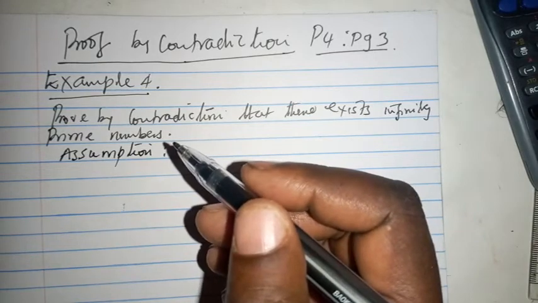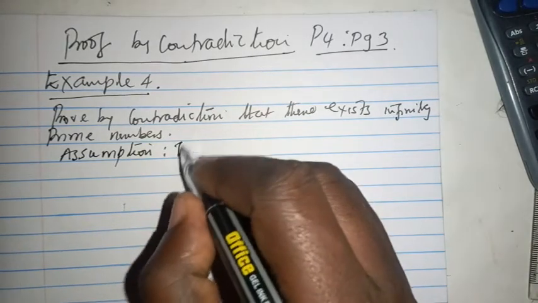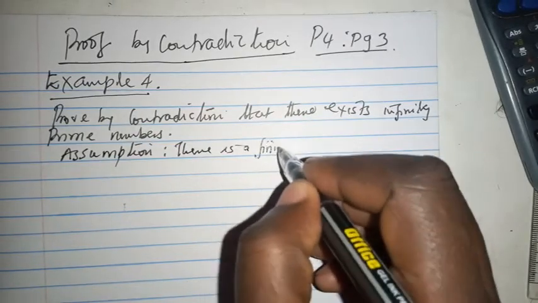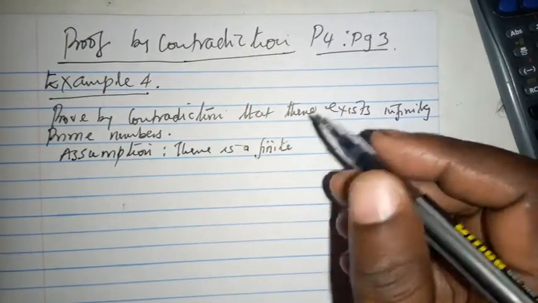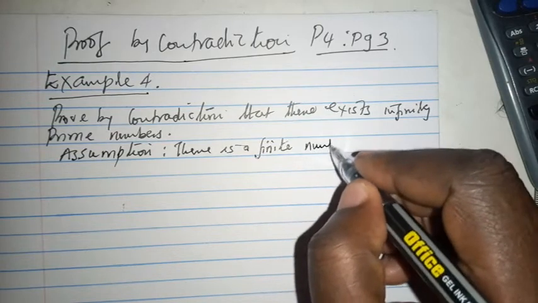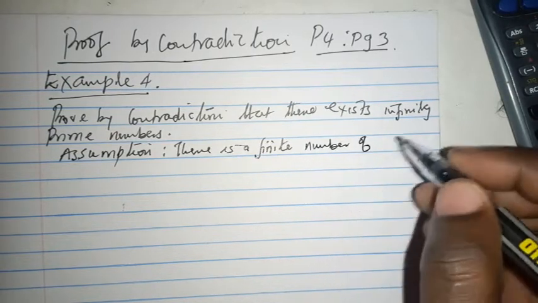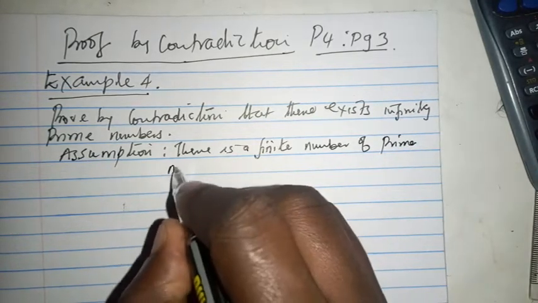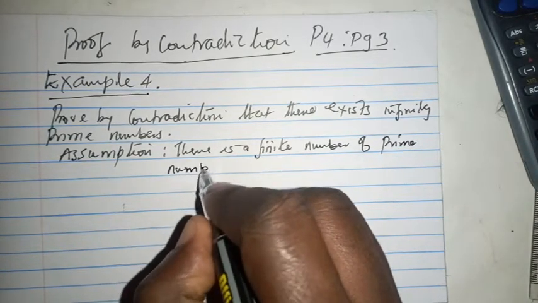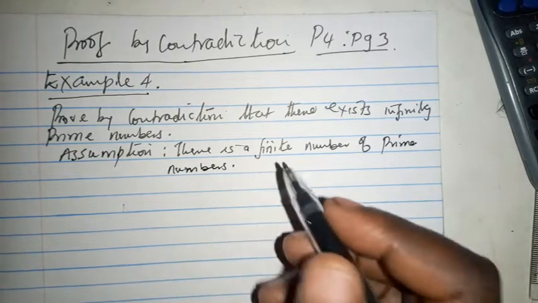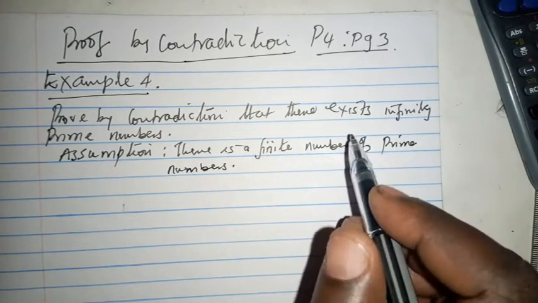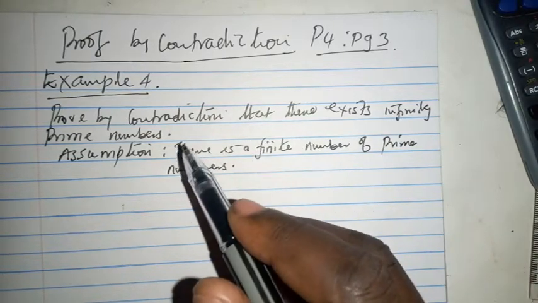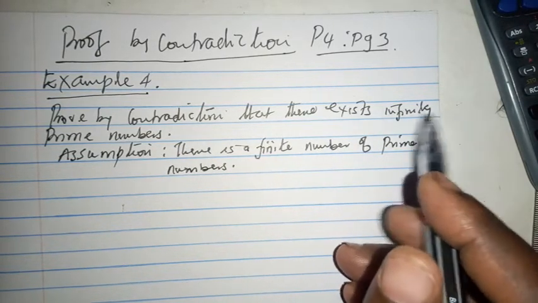Our assumption is that there is a finite number of prime numbers. In other words, prime numbers reach a point and they end. That's our assumption, yet we're supposed to prove that the prime numbers do not end, they continue forever.